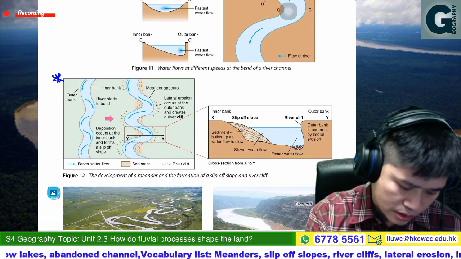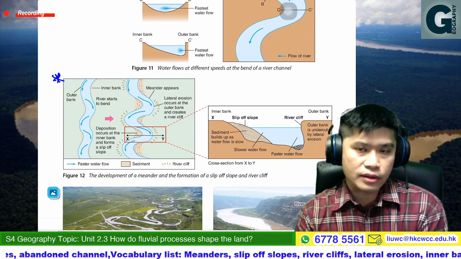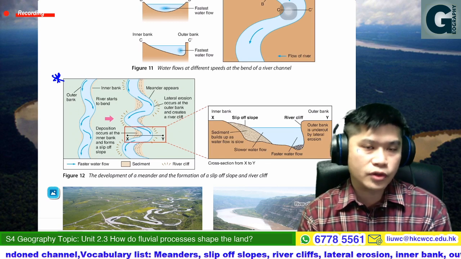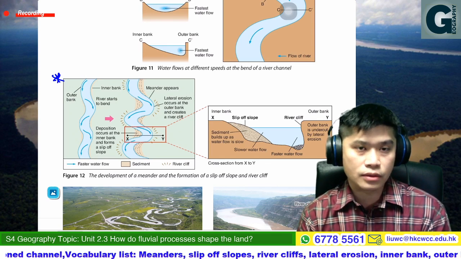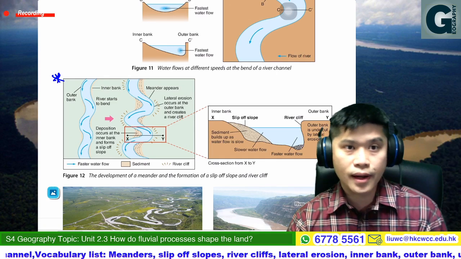So that would be like this. So if the river keeps bending, I would say the shape of the river will change as well. So we're going to talk about it later.